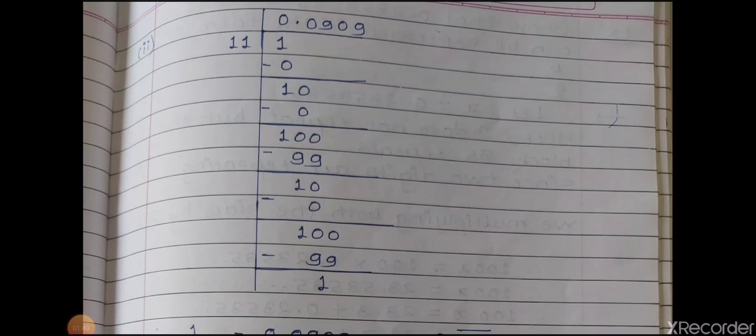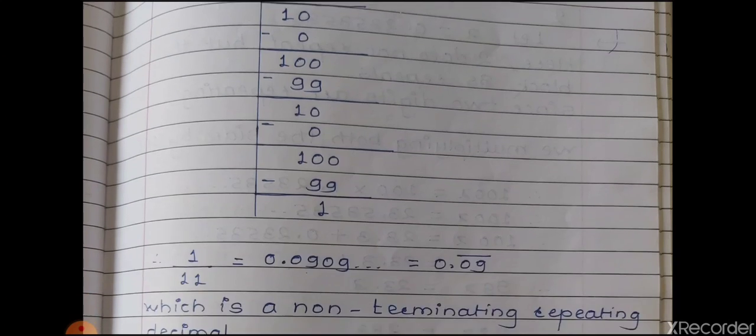Next one, 1 upon 11. If we divide 1 by 11, we get the quotient 0.090909 and so on, and the remainders are 1, 10, 1, 10, meaning 1, 10, 1, 10.